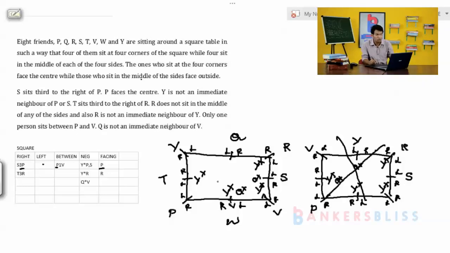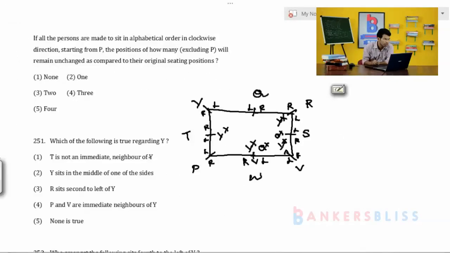Look at the questions, which are asked based on this arrangement. Go to the first question. If all the persons are made to sit in alphabetical order in clockwise direction starting from P, it means start from P here, going clockwise.